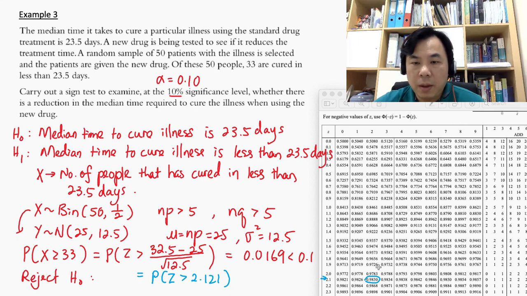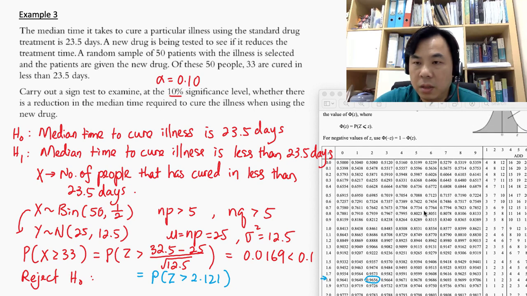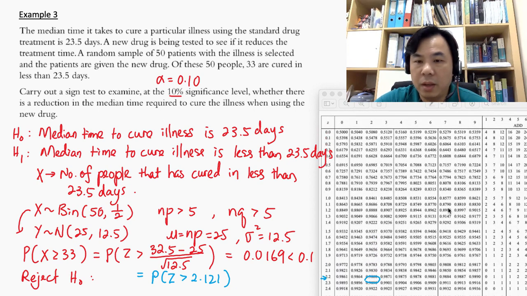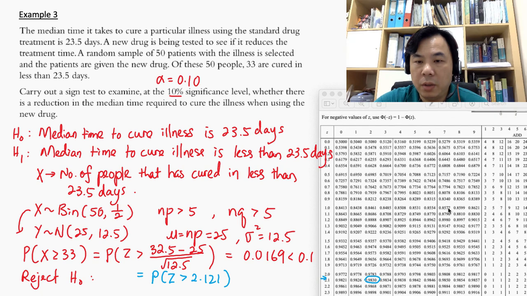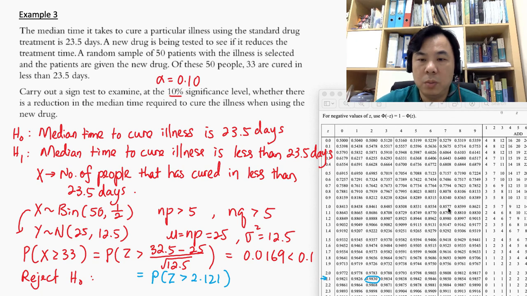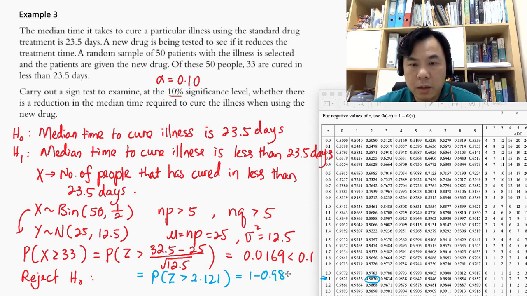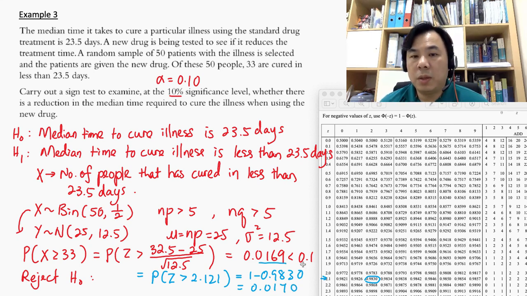0.9830. Okay, but because the region that is shaded in the data booklet here is on the left hand side, I will need to take this number here, 0.9830, and take 1 minus 0.9830, which is actually 0.0170, which is approximately the same as 0.0169 then.